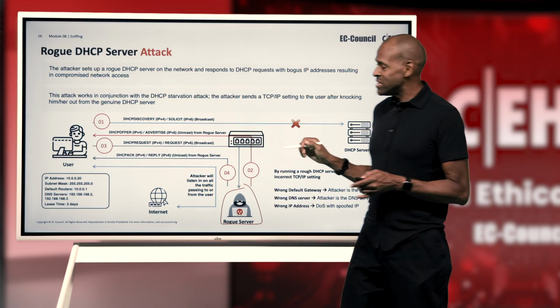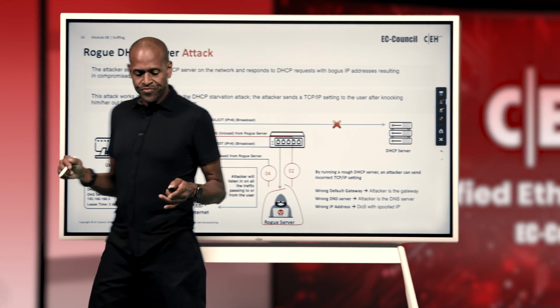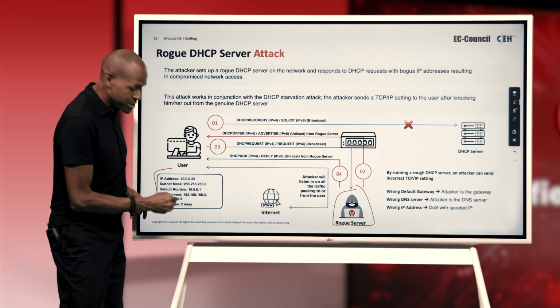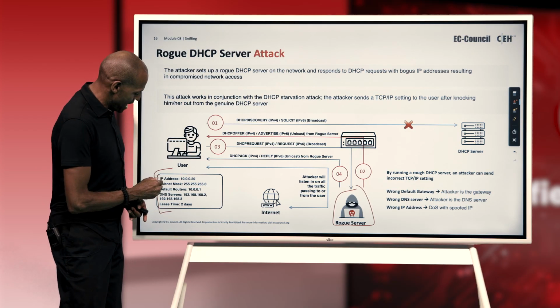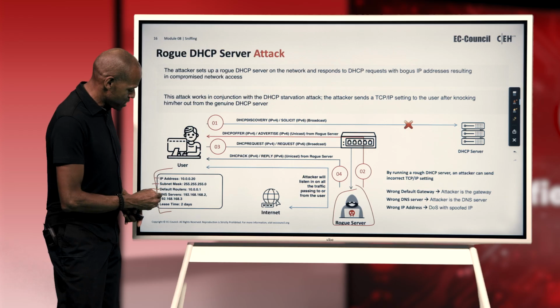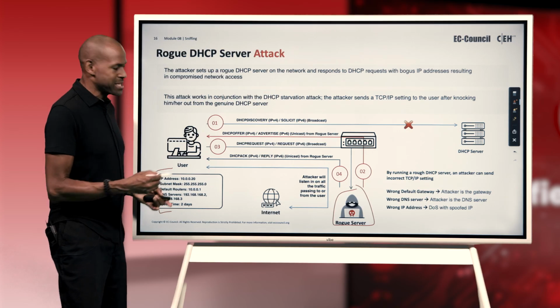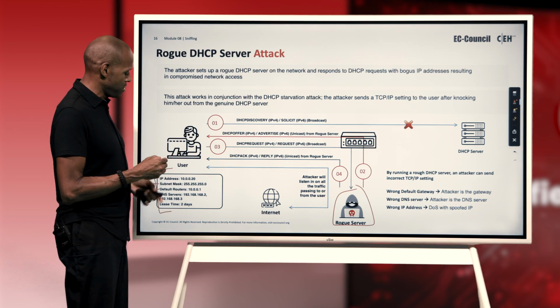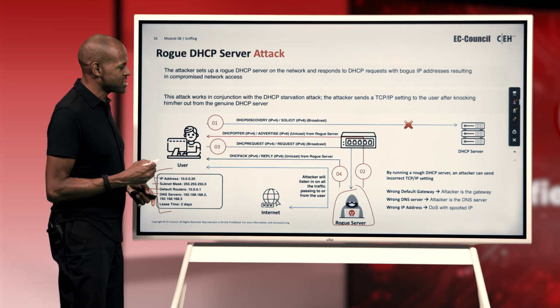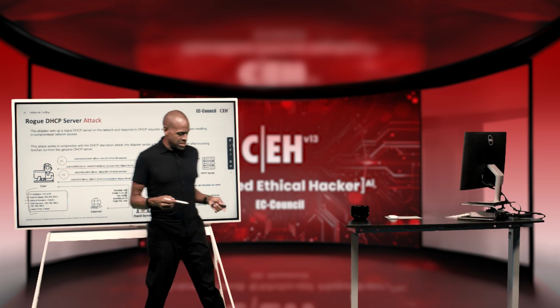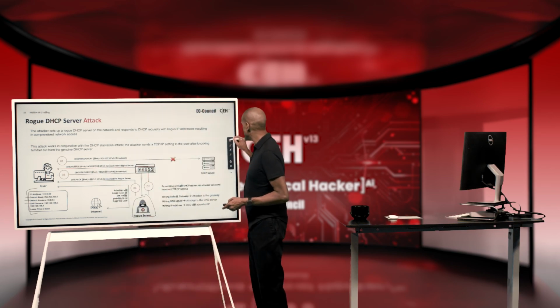And if it does that, the attacker will be able to supply the IP address, the subnet, the default router, the DNS servers, lease time, etc. And so the attacker can then use that to send requests to his or her own server. And that's a rogue DHCP server attack.